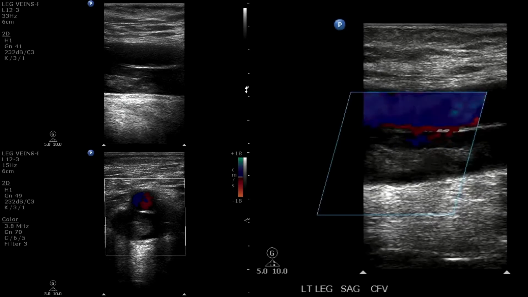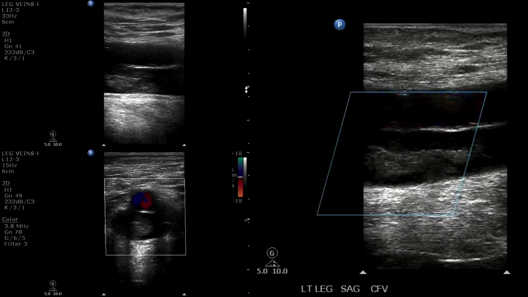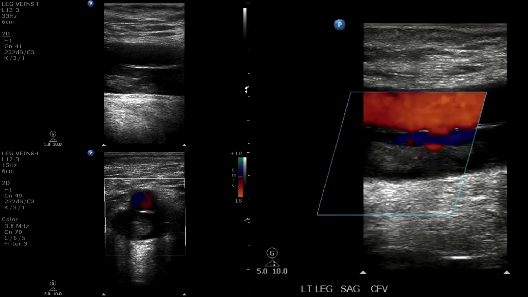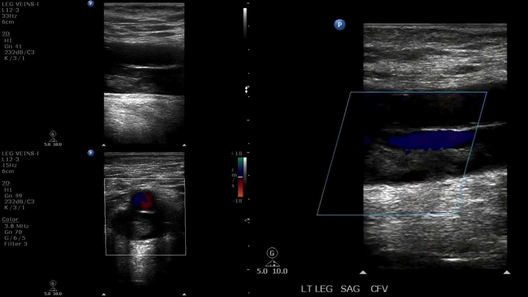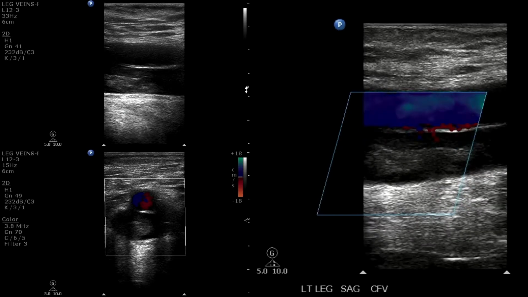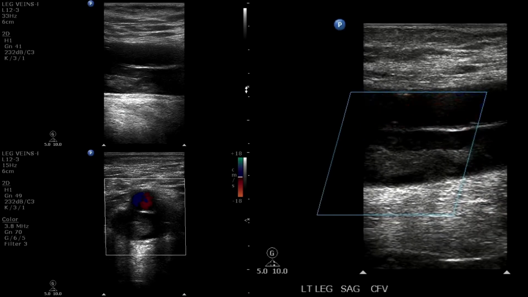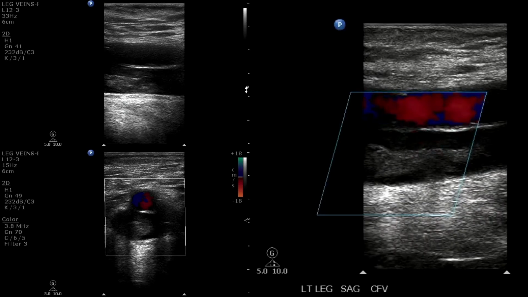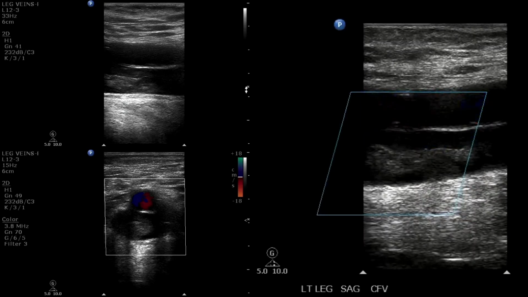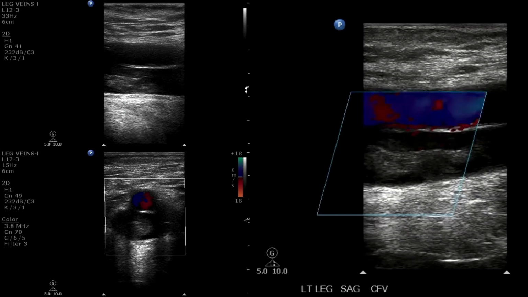We have an echogenic substance inside the vessel that makes it non-compressible. And on the right-hand side of the video clip, we can see obstruction to color flow. You see the arterial flow on the top, and then the venous flow on the bottom with the thrombus in it, and you can see that filling defect with a little bit of flow around it. So this patient has a left lower extremity DVT.